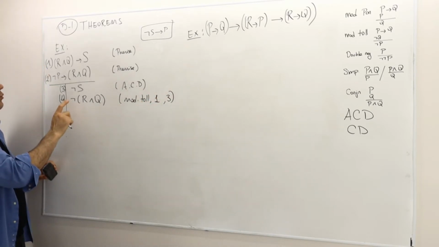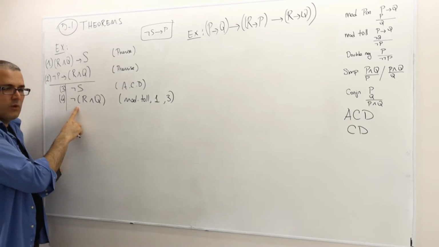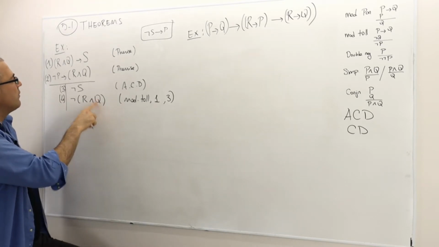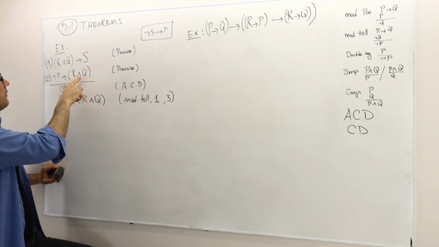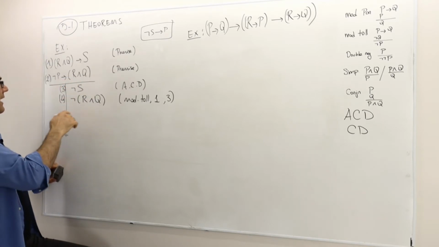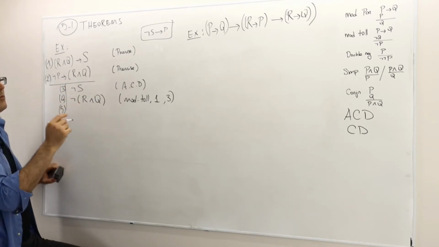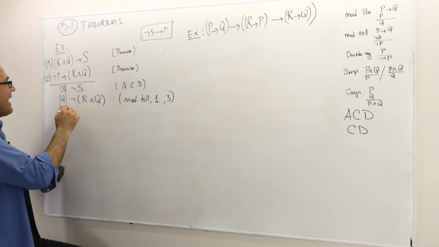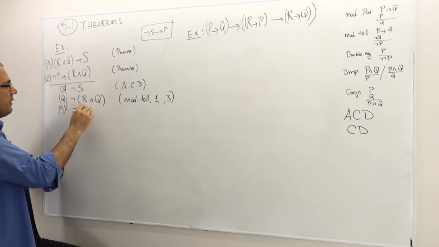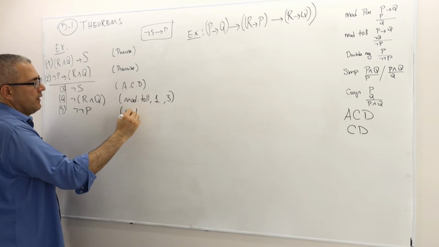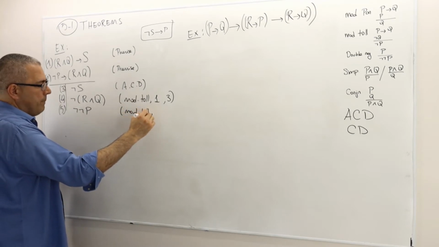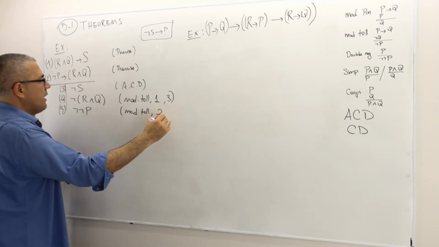Okay, so what do we learn from this? Well, once I have not R and Q, and because I have not P implies R and Q, again I can use modus tollens, so I must have not P. This is thanks to modus tollens of arguments 2 and 4.